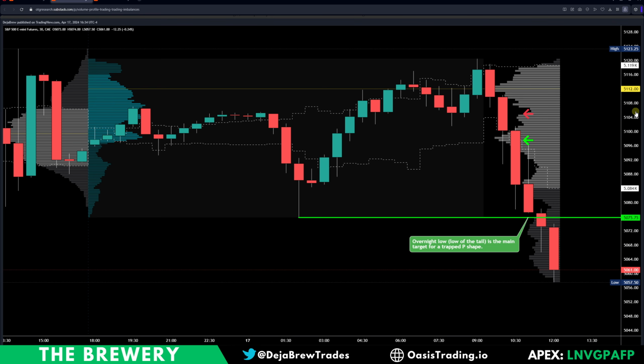So if we're trading that as a bearish move, when we begin to see prices breaking the value area low and then using it as resistance, that is a signal that that P shape is most likely failing, and then we can possibly look for that squeeze to the downside. Okay.